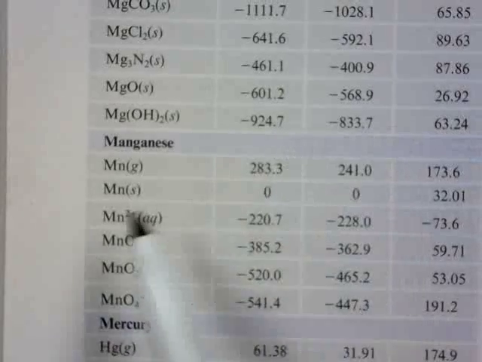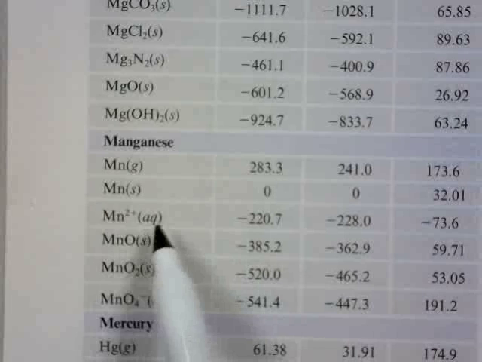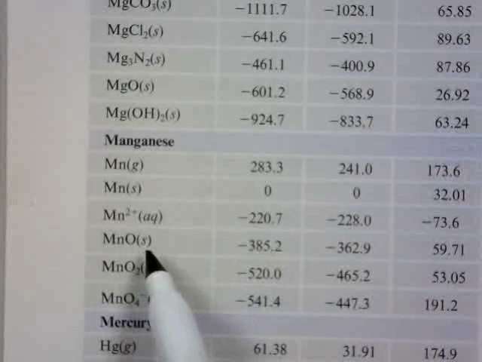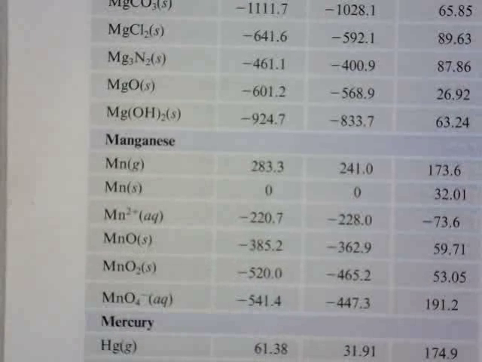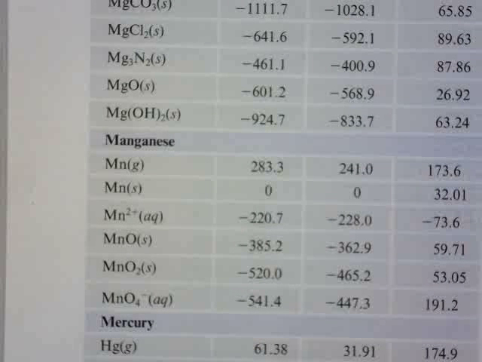And anyway, here is your standard form, and here it is in ionic form, and here's manganese oxide, where it is a compound. So compounds, there's only one of them. Now, the only difference is sometimes you have gas phase compound like water and steam. It'll have a different number than H2O in liquid form. So those energy numbers are very important to you later on.